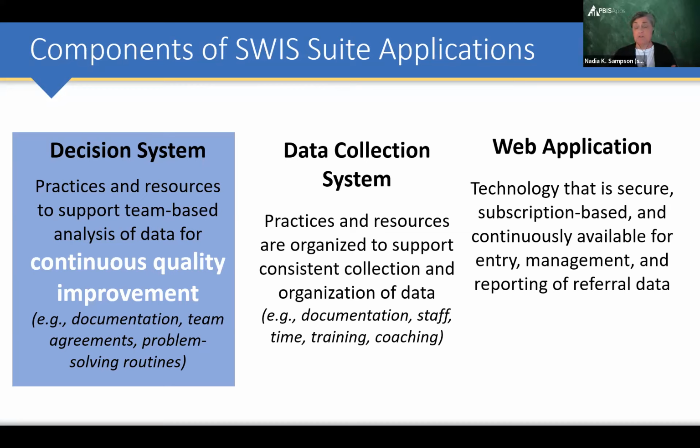It really helps us focus in on where the problems are and what we need to do to get to those outcomes that we're looking for our students, whether that's school-wide, students that need a little more support at tier 2, or students at the individual level who need much more individualized supports. Okay. So all of these things are true, but trying to keep in mind that we're talking about using our data for decision making, and that's what the Swiss suite of tools is about.